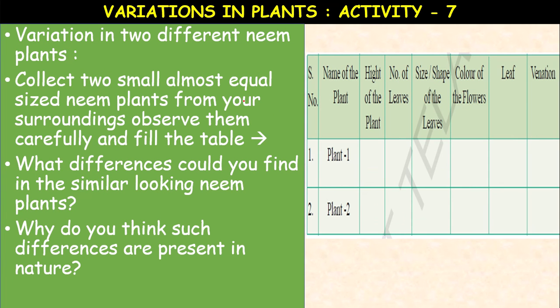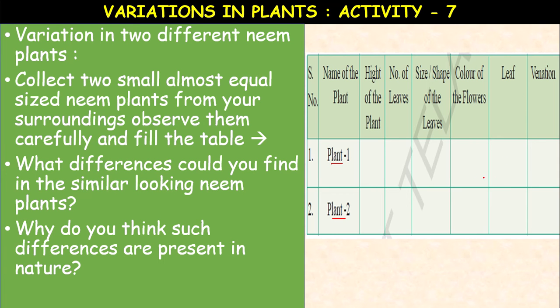The table has plant 1 and plant 2, let us name them so, and you need to measure the height of the plant, number of leaves, the size or shape of the leaves, the color of the flowers, leaf venation.